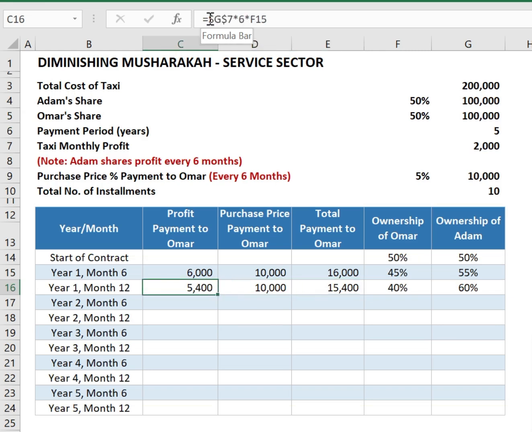And to shorten the completion of the schedule, considering that I already set up the formula here, we simply copy this range of cells and paste until the last payment.